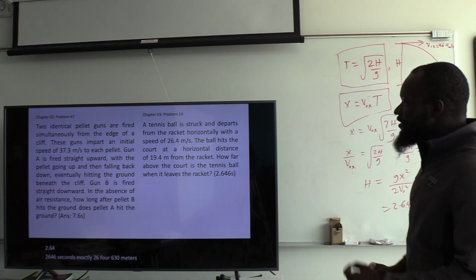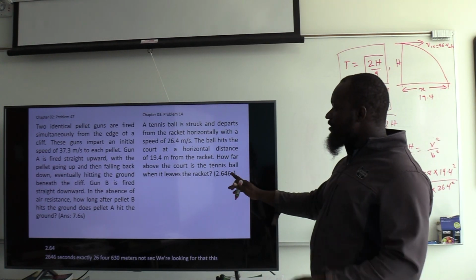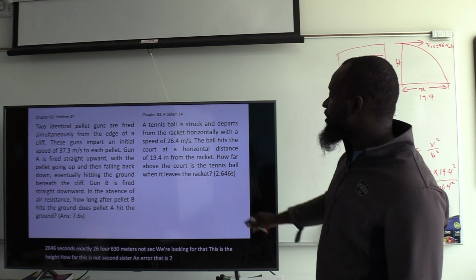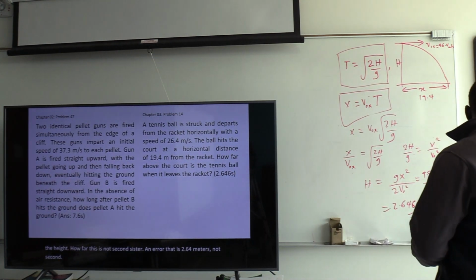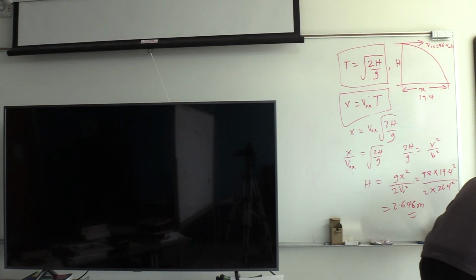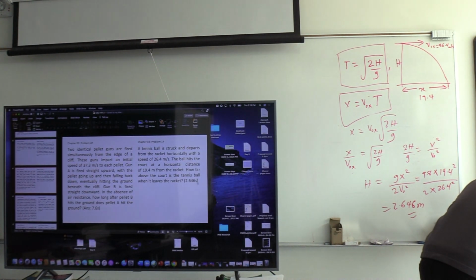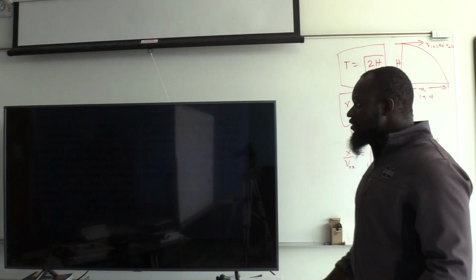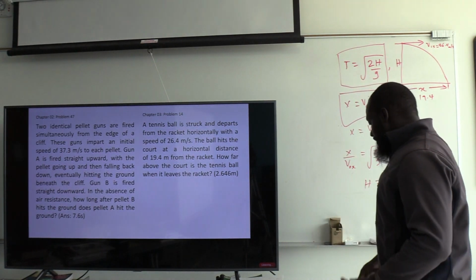We're looking for the height. So this is not seconds, it's an error. That is 2.64 meters for the height. Okay, fixed. So let's go to the next problem.